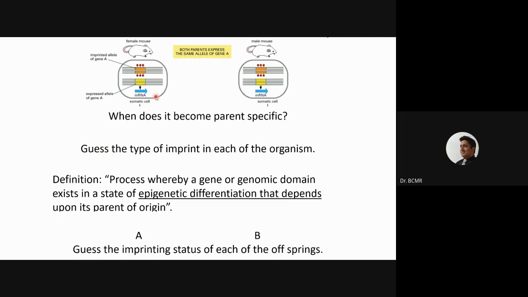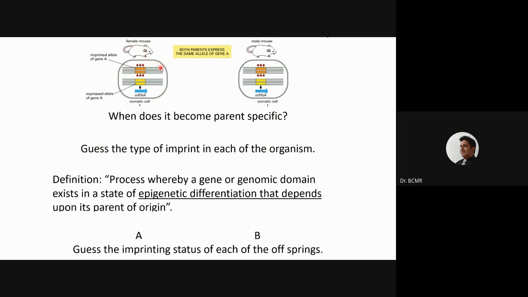So here is a female mouse, and the female mouse is having, for example, we'll call it gene A. Gene A, one is coming from the female, and the other allele is coming from the paternal allele, right? This is a biparental mouse.